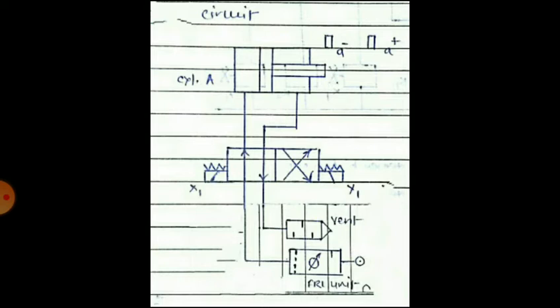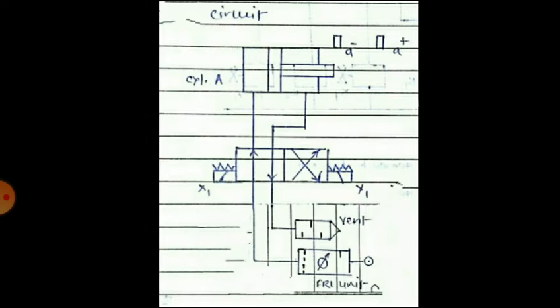Then at the top there is cylinder A, because only one cylinder is required for a single cylinder operation. And then at the end of the piston rod you will see there are proximity switches. The positions of the proximity switches are A minus and A plus. So this is regarding the pneumatic circuit.